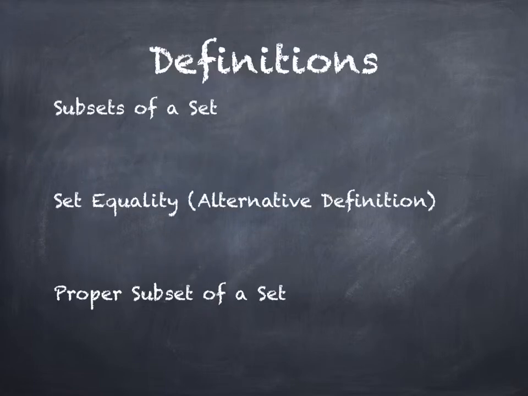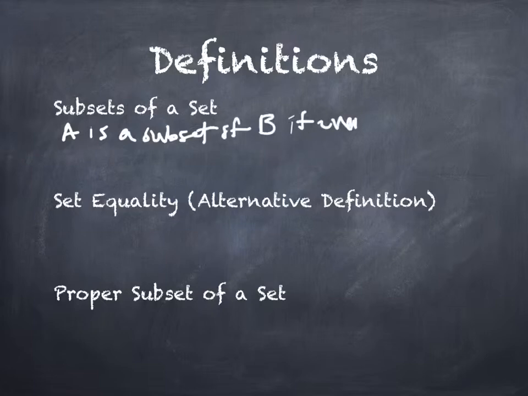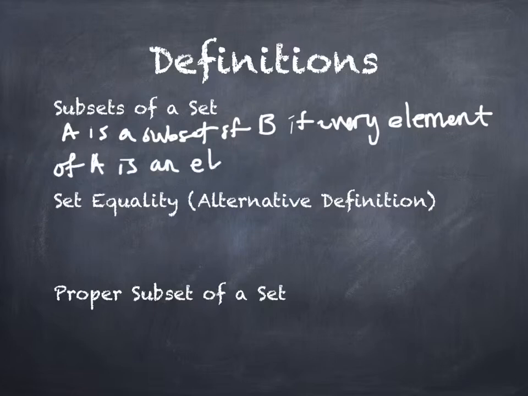Last time we talked about elements of a set, and now I want to talk about subsets of a set. So A is a subset of B if every element of A is an element of B. And the notation for that looks like this.